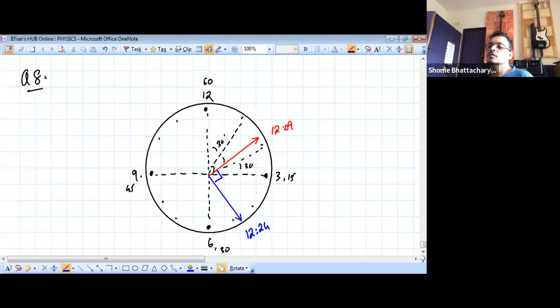90 degrees. So now the question is asking the displacement of the tip of the minute hand. So वो displacement कितना होगा? वो ये वाले point जो tip है वो यहाँ से यहाँ आ गया. So it is that displacement. So in this diagram now, this is the displacement of the tip of the minute hand in 15 minutes.